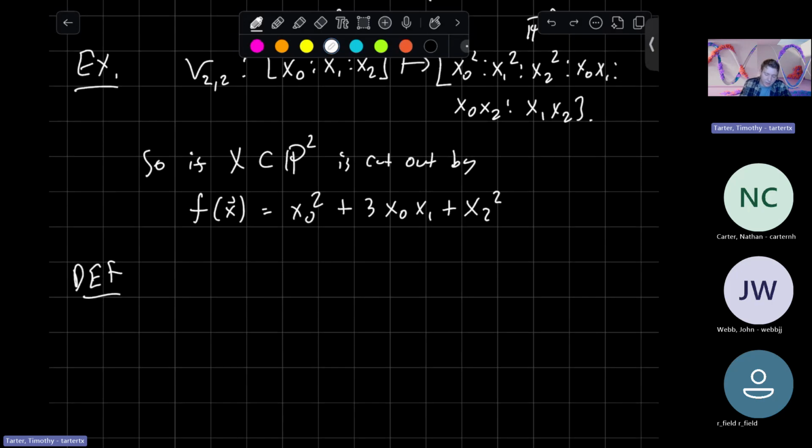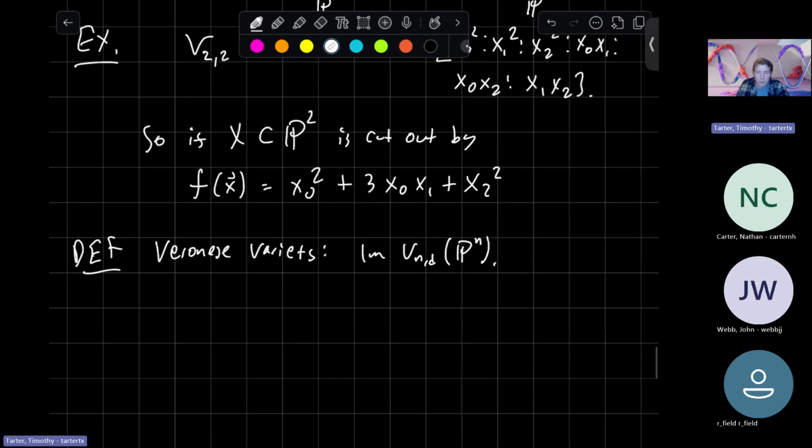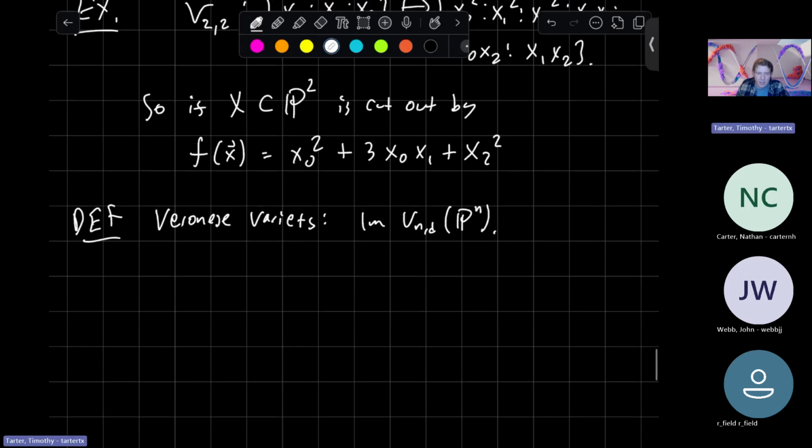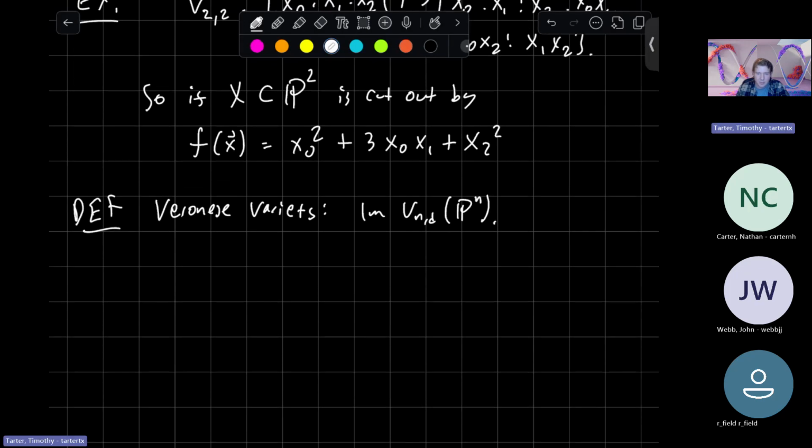But we'll call the Veronese variety just the image of v_{n,d} of Pn.